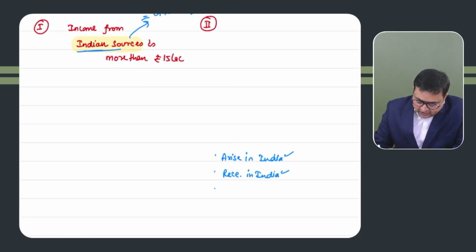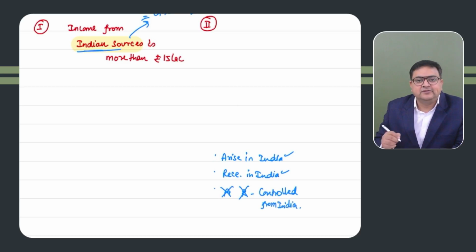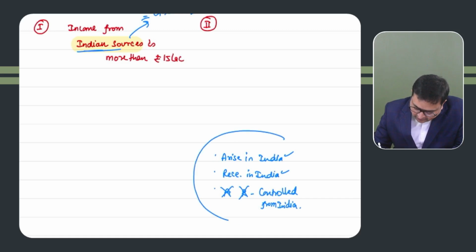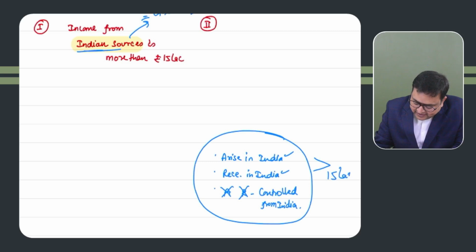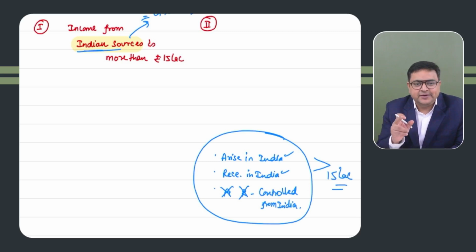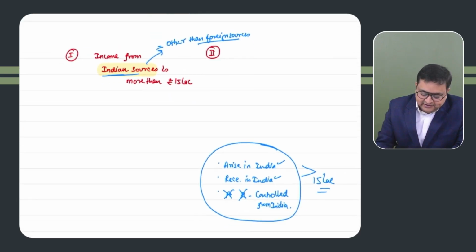If the income does not arise in India and is not received in India, but is controlled from India, this is also an Indian source income. If the total of this income, arising in India, received in India, controlled from India, exceeds 15 lakh, then the special provisions can be attracted. So if the income from Indian sources, or other than foreign sources, exceeds 15 lakh, the special provisions would be attracted.